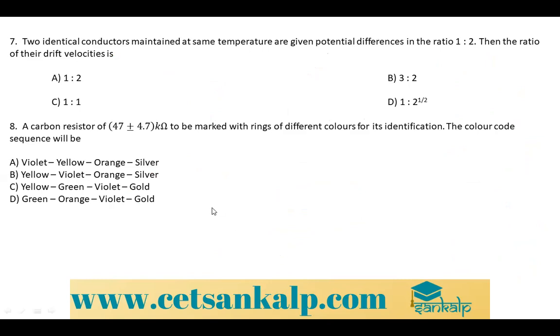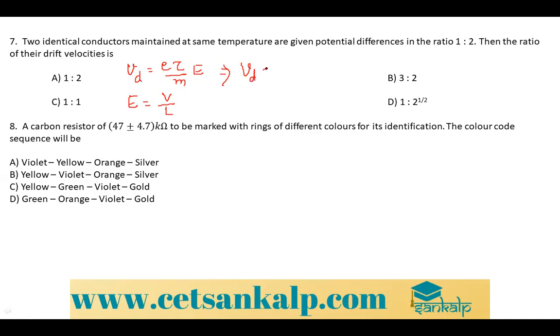Please remember the formula if I want to write drift velocity in terms of electric field: Vd is equal to e tau divided by m into E. But you know that E is nothing but V by L. Substitute that.